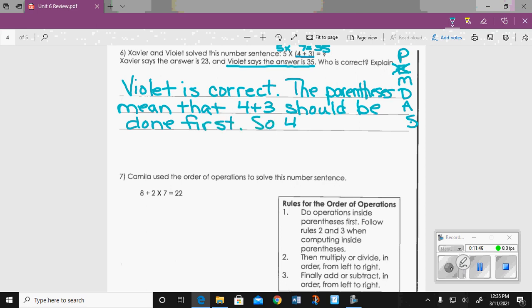So 4 plus 3 equals 7 times 5, which gives me 35. Okay, good.